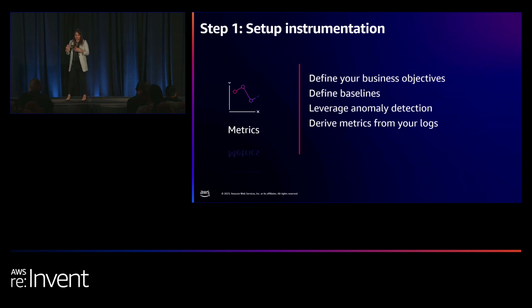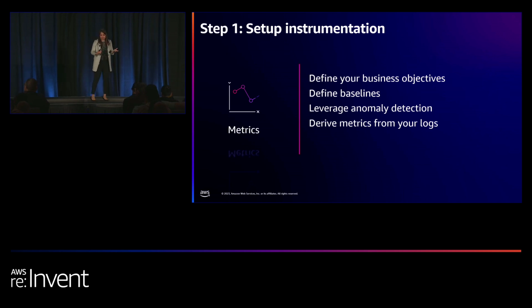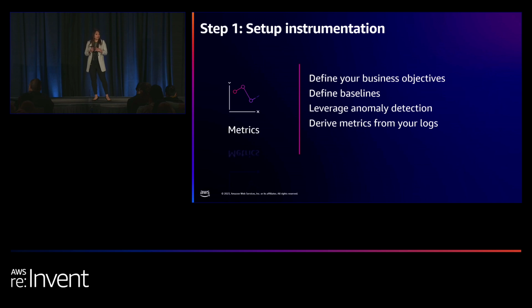In addition, when you don't have the possibility to go back in time in logs, you can also extract metrics from logs and then leverage a bunch of filters with patterns and regex operations in order to sift through all of this historical data. And don't forget, several AWS services also have free metrics that are published for you. And then if you want to go deeper, you can actually enable several insights capabilities to really get further detailed visibility.